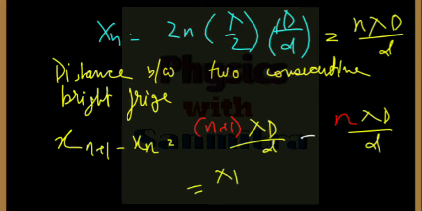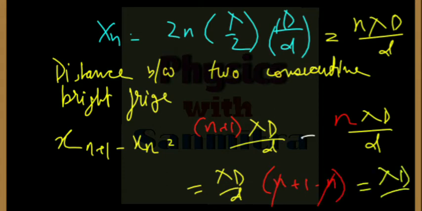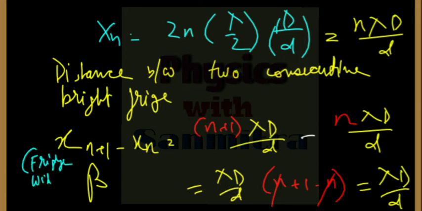If I take lambda D by d common, n plus 1 minus n will remain, n and n will cancel out, so I will get lambda into D by d, and that is called my beta, that I can call the fringe width. It is the fringe width. It is the distance between the consecutive bright fringes.